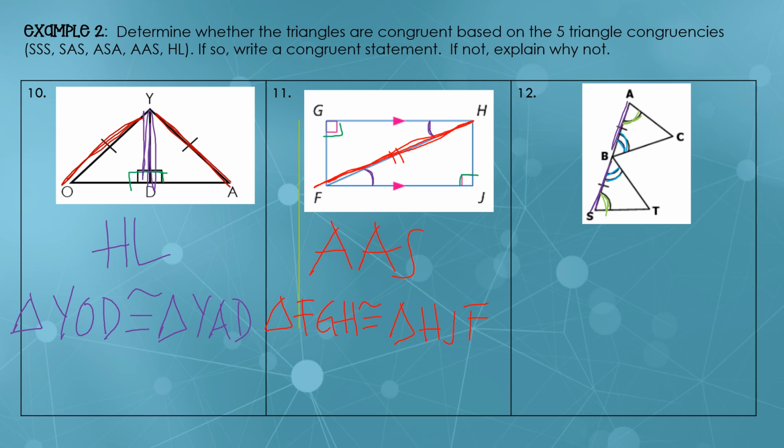So we have two angles and a side, and we have two congruencies that could potentially work. There's angle, side, angle, or angle, angle, side. In order for it to be angle, side, angle, the side that they gave us has to touch or be included between both angles. And side AB touches both angles. Side SB touches both angles, so this is angle, side, angle.